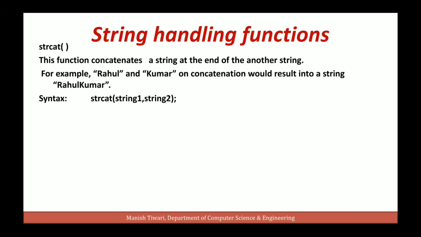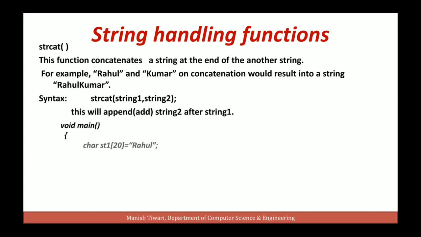So here you can see string 1 is the target string, and both string 1 and string 2 are the source strings. You can see it here with the example. So I am taking two strings here, st1 and st2, Rahul and Kumar, and after calling this function strcat, the value of st1 would be Rahul Kumar.